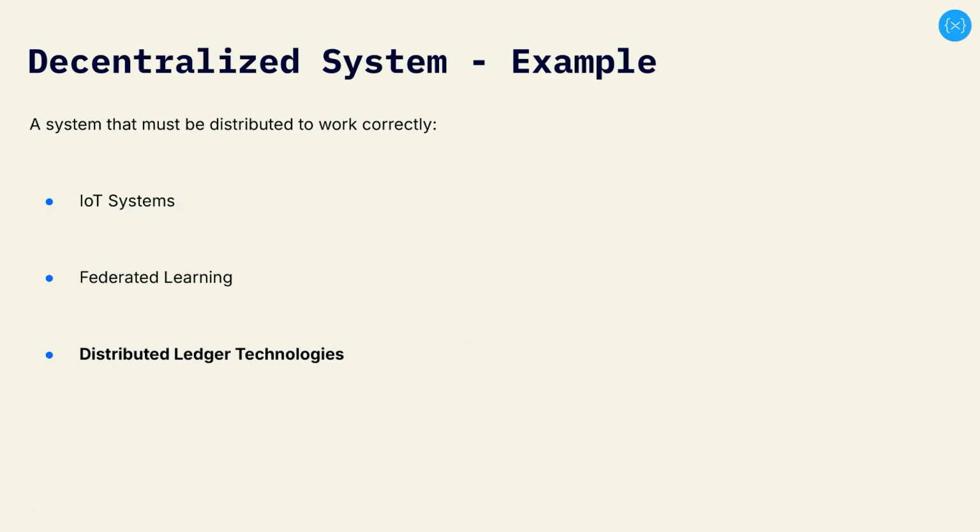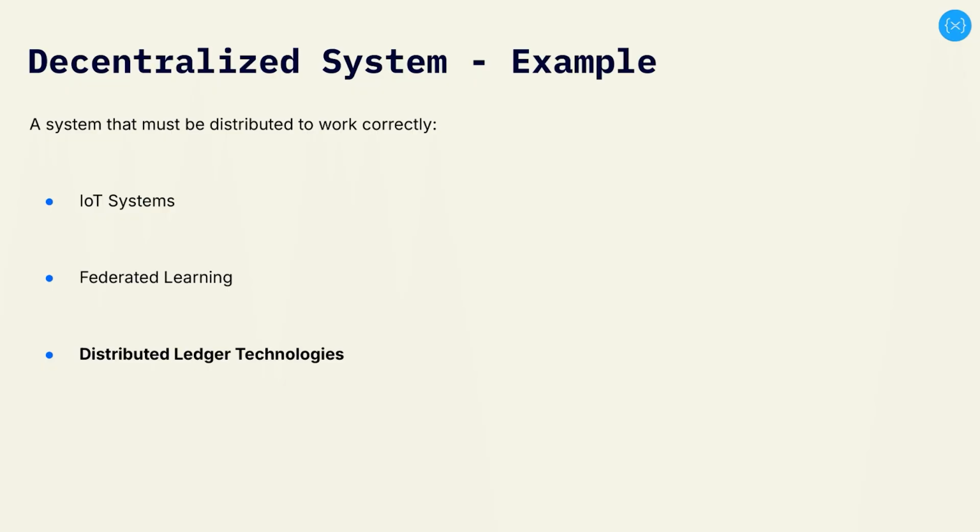So in your home, you have multiple sensors. Maybe one in your fridge, maybe one checking the temperature levels, maybe another one feeding your dog. Who knows? But for these systems to work correctly, they have to be distributed. It wouldn't make sense if they all were in the living room. They wouldn't be able to do their job. If you go a little bit more advanced levels, well, there's a concept called federated learning.